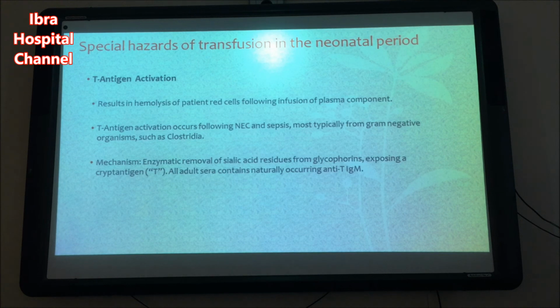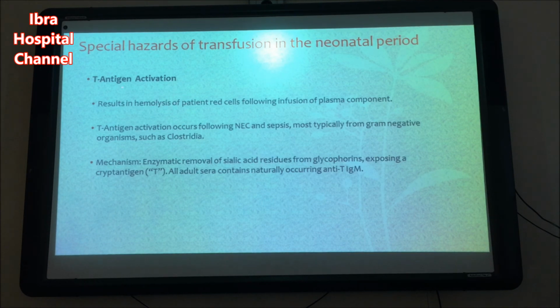The red cells usually have polysaccharide antigens that give the blood group and subgroups as well. But some bacteria have strong toxins. They destroy these surface antigens. And if the first layer of the antigens is destroyed, these hidden antigens, which are called T antigens, will be exposed on the surface.